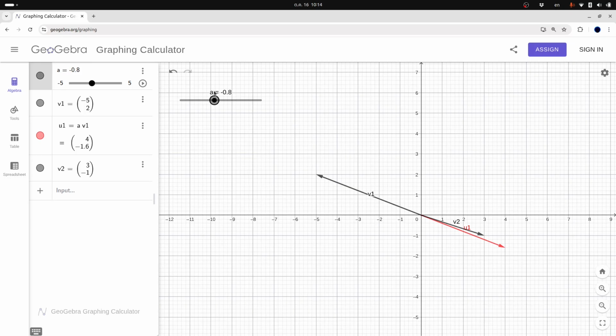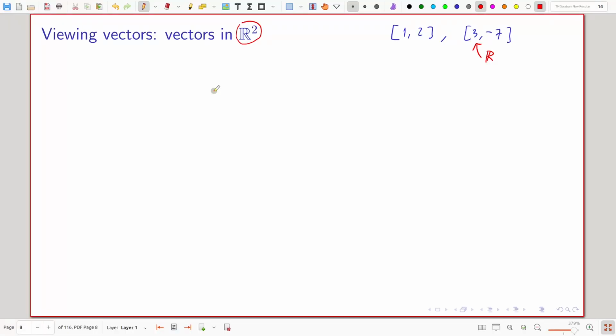So given one vector, a vector is a dot, just one point. Let me write down. You have vector v1, and then we have some number a multiplied by v1. You have a scaling of v1.